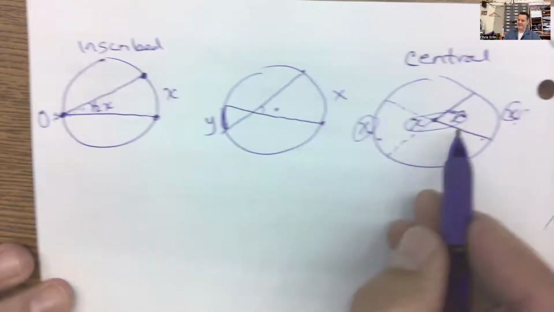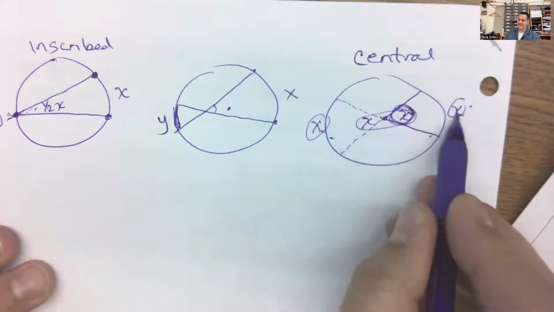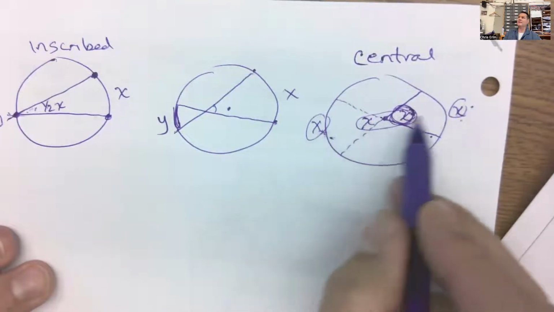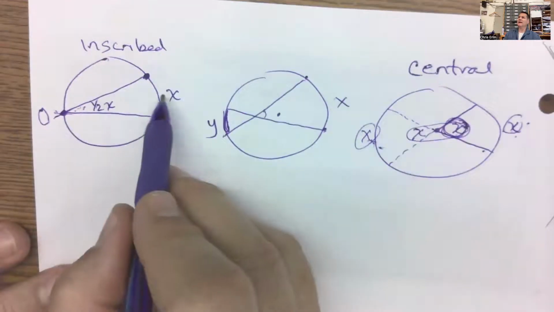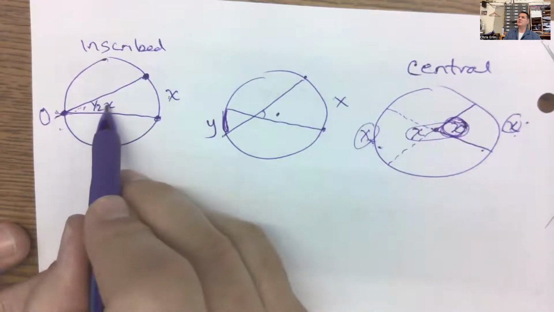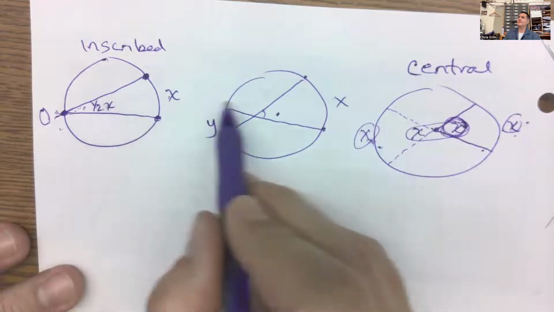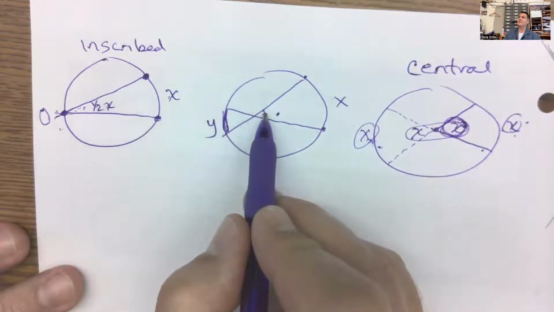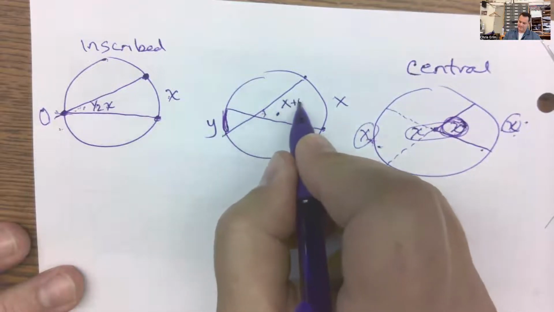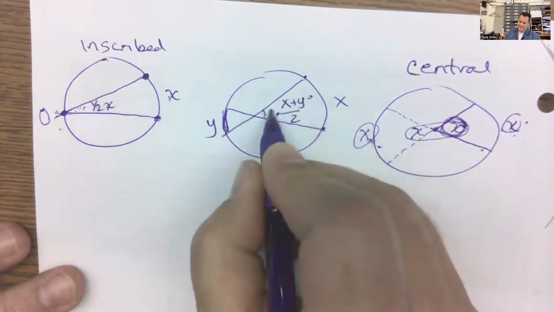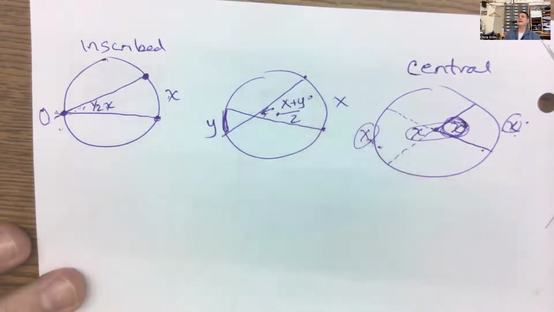Another way to think about this is this angle the average of these two? X plus x is 2x, divided by 2 is x. X plus 0 is x, divided by 2 is 1/2 x. So what's this one? It's the average of those two.